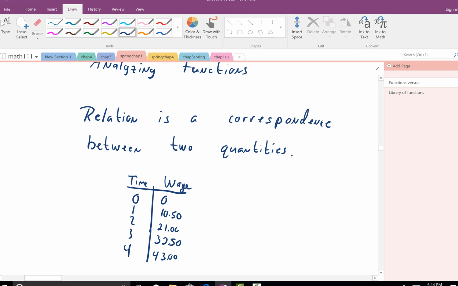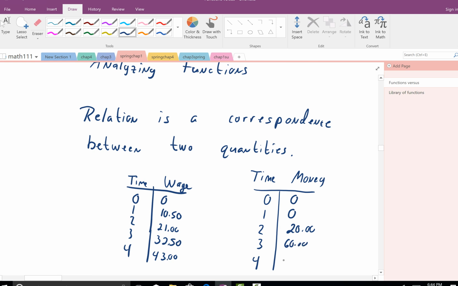But it doesn't just have to be like that. It can be anything, really. We could make it different where we have time and we'll just say money in this case. And maybe this is back in the old days where you might work on some sort of a commission thing, and maybe you had really good luck there, and then this was 70, okay?